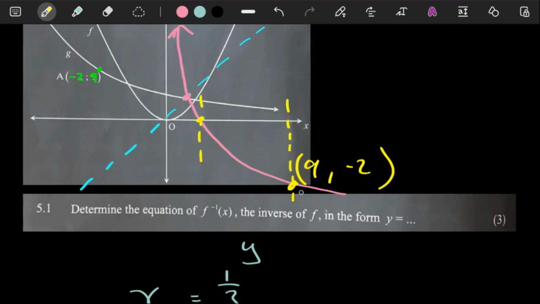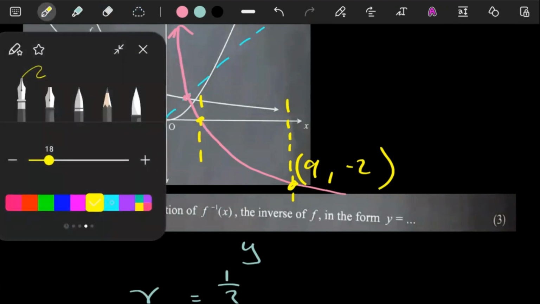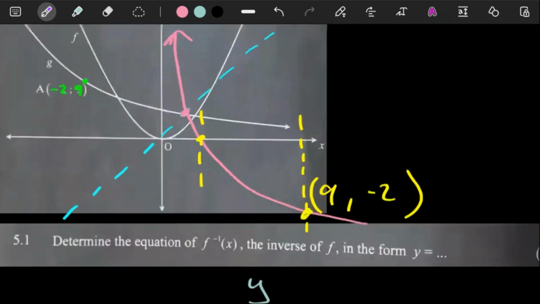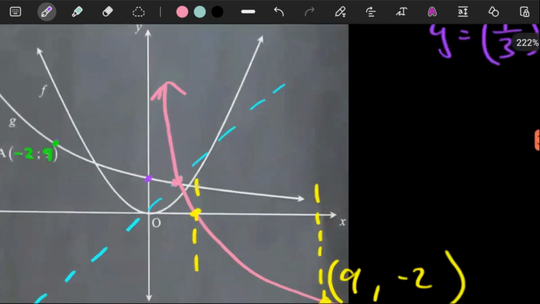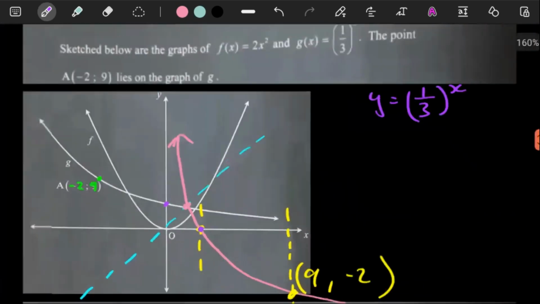That's where your graph is going to have y values between 0 and negative 2. Fortunately, to find this particular x value, we can just find this y value, because whatever this y value is, that's what this x value is going to be. That's how inverse works.